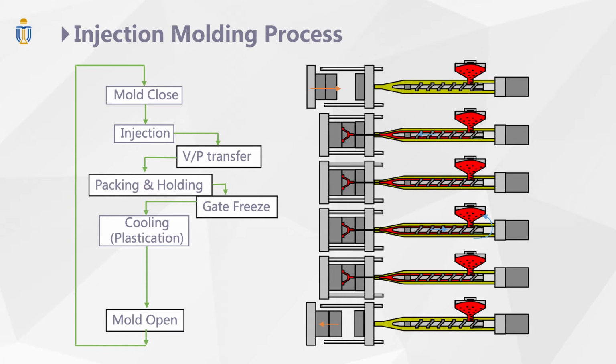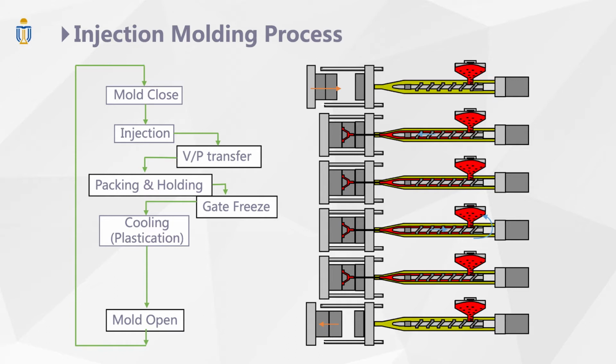The process continues until the part is solidified inside the mold. On the machine side, it prepares plastification for the next cycle. When the part is sufficiently solidified, the mold opens, the plastic part is taken out, and the process repeats itself.